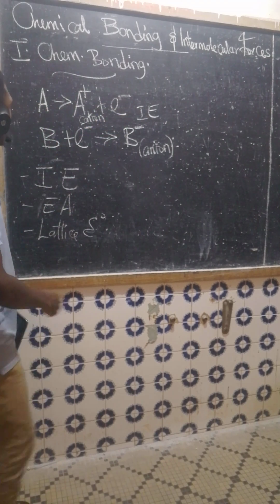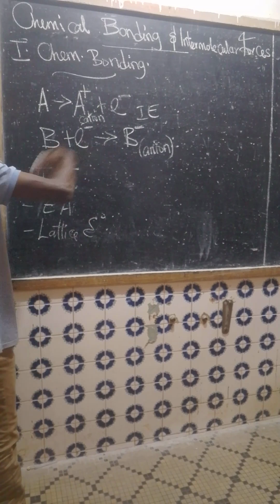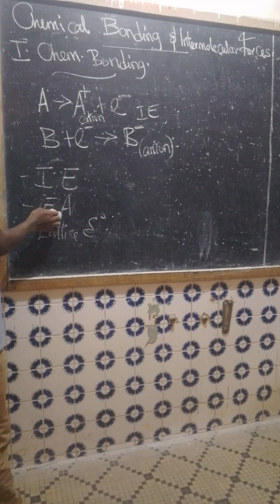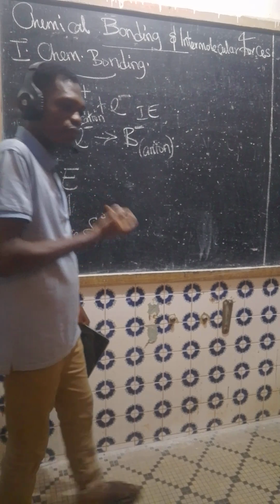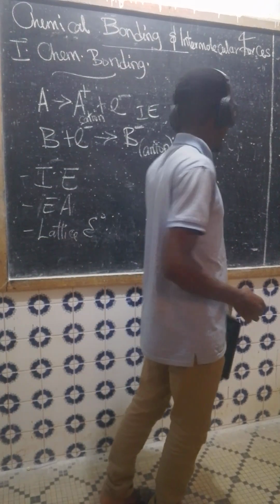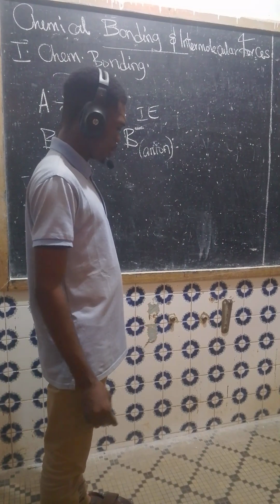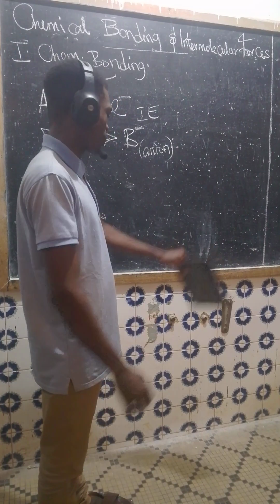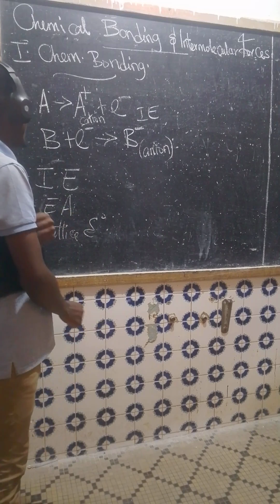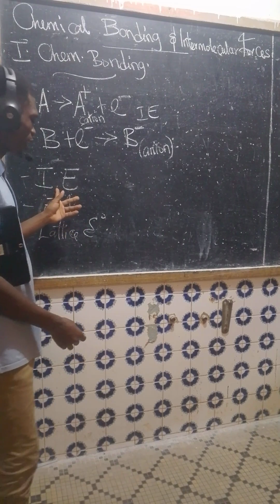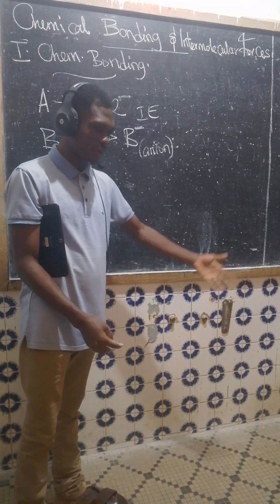Then for the receiver, the atom that received the electron, we now talk of electron affinity, the love for electrons, right? Ionization energy: we have first ionization energy, second, and so on.